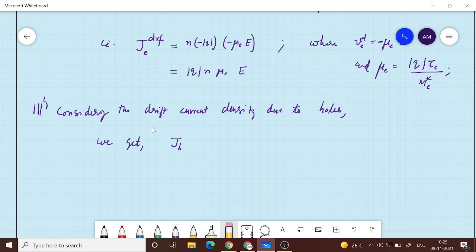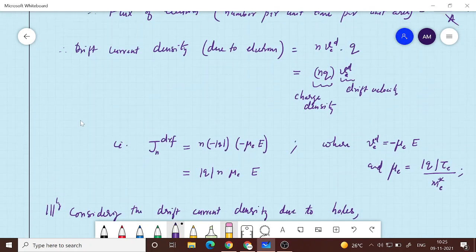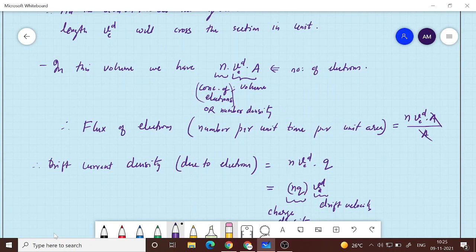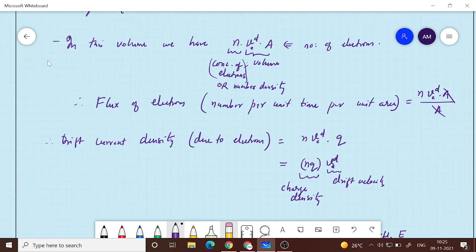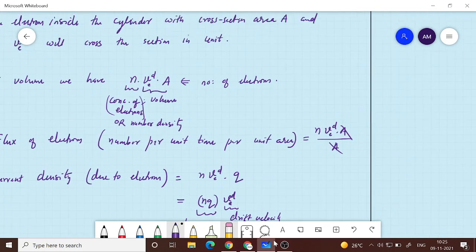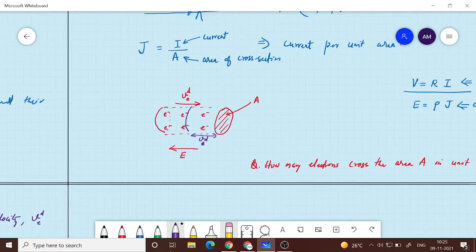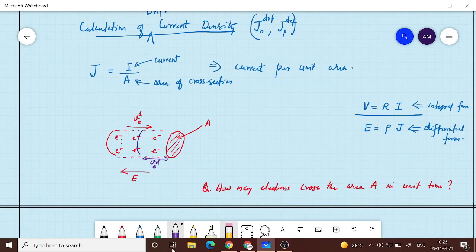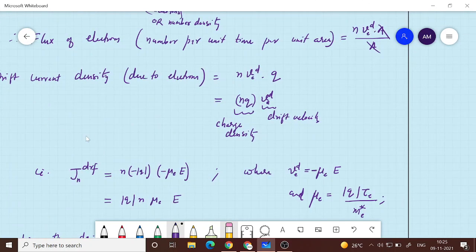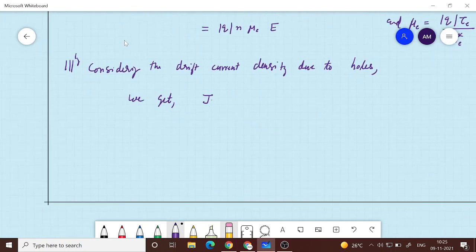I will put Jn and Jp. So Jn is for electron. I think in the title I have specified it as Jn drift and Jp drift. That is the contribution from electrons and the contribution from holes.